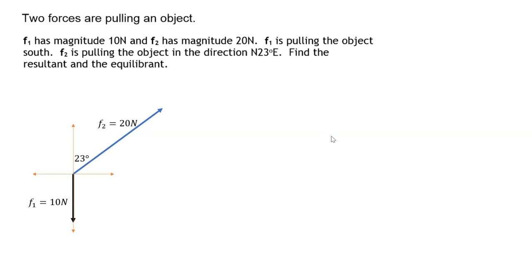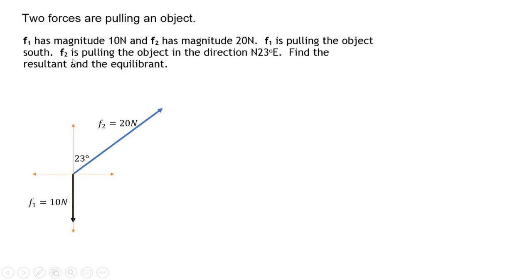Two forces are pulling an object, and we're putting those two forces tail to tail. It says that F1 is pulling the object south, and it has a magnitude of 10 newtons. So it's pulling south at 10 newtons. F2 has a magnitude of 20 newtons from here to here.